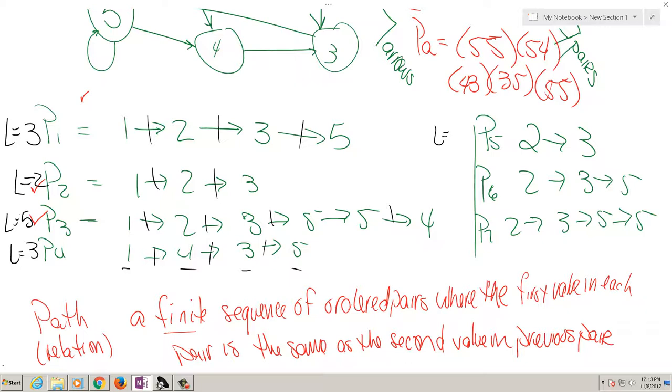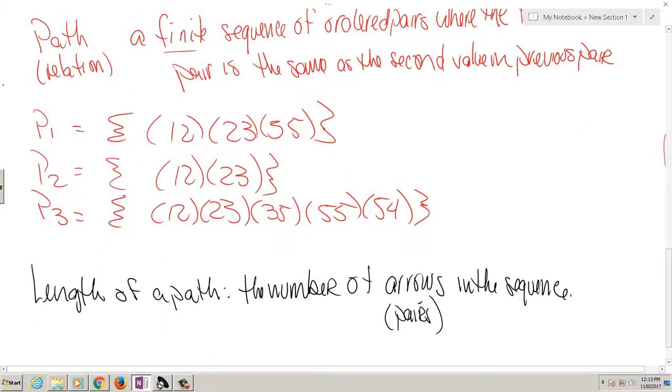So if I come back and I look at paths defined as ordered pairs, what is the length of this one? 3. This one seems to be a whole lot easier to find. What is the length of this path? 2, and the length of this path? It's 5. So it's a whole lot easier to distinguish the path when I look at it as a set of ordered pairs.